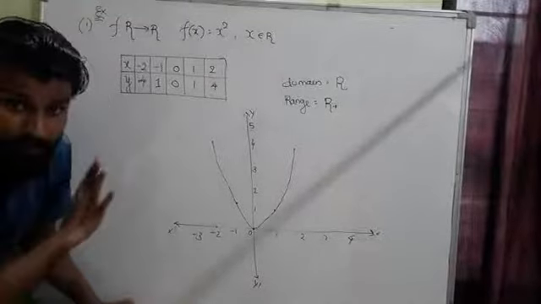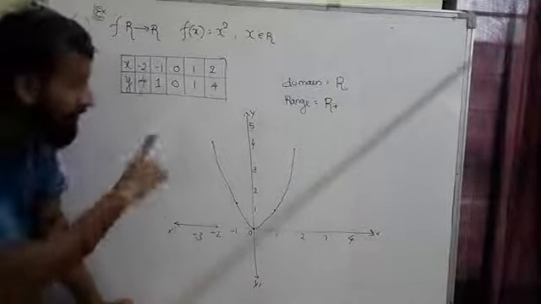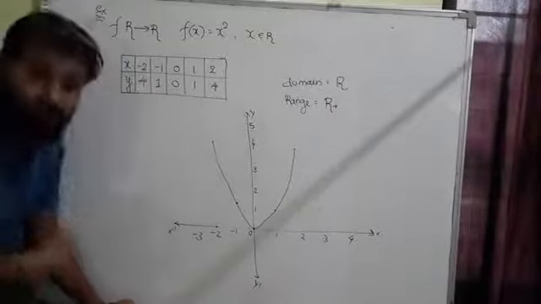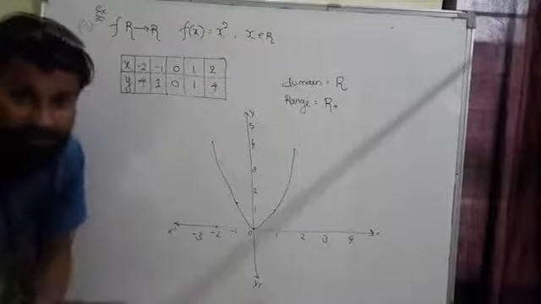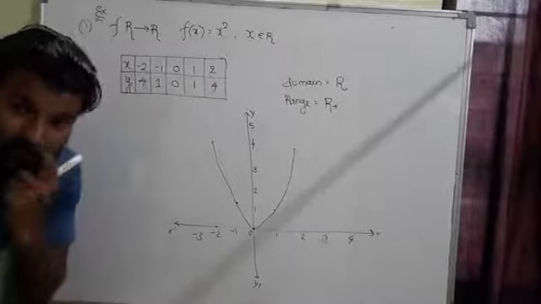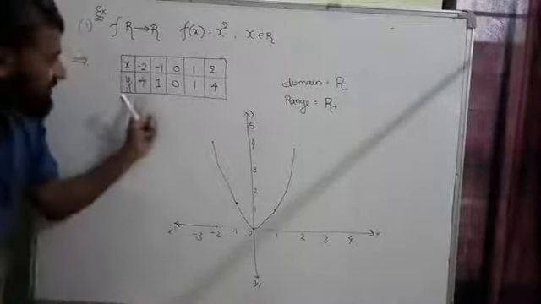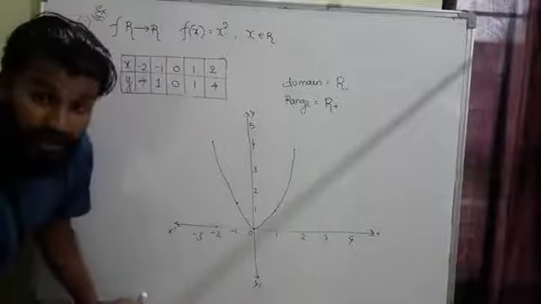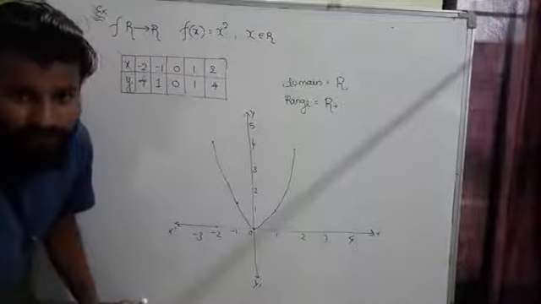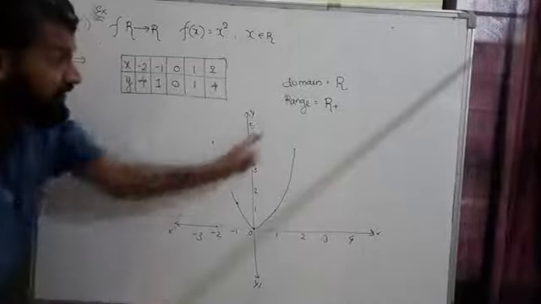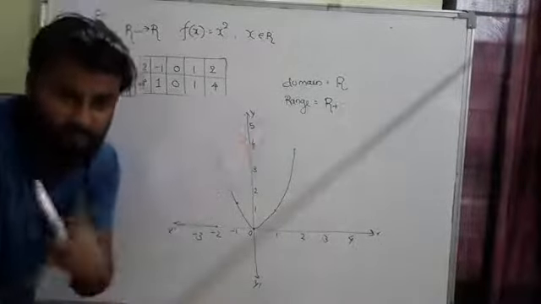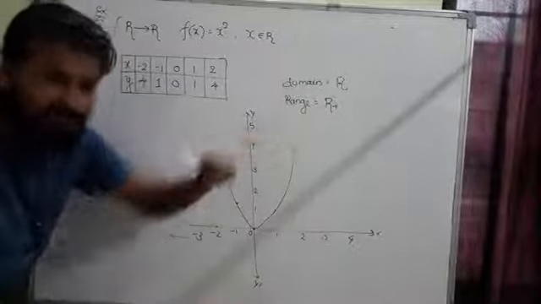Positive real numbers. We will never get our answers as negative. Why? Because the square function, it even makes negative numbers into positive. So your answers for y will never be negative. They will be always positive. So therefore the range is R plus. You have to be very careful with R plus.